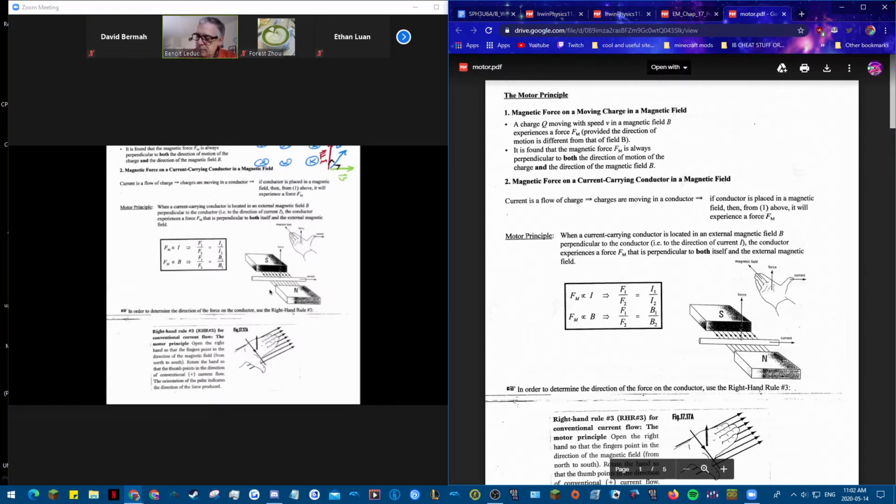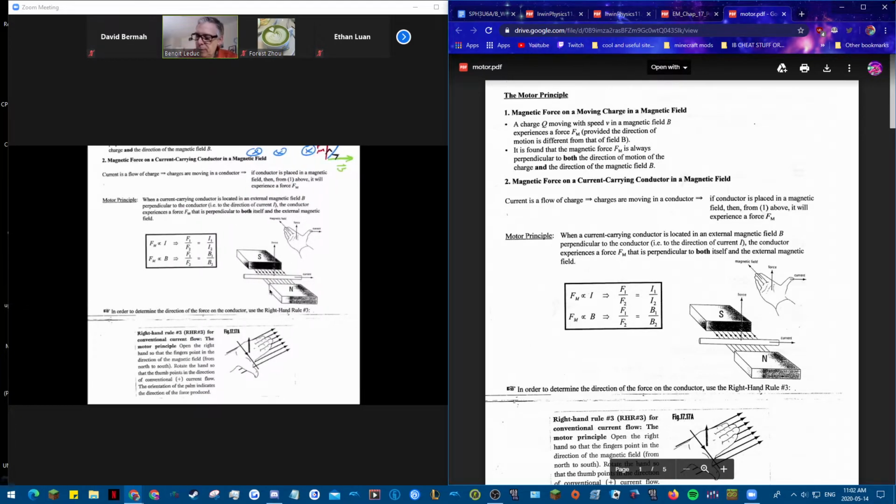So this is the right-hand rule number 3. And this is where I'm going to ask you in a short while to put all your video on. First of all, before you do this, the magnetic force is always perpendicular to the current and the magnetic field, okay, all the time.